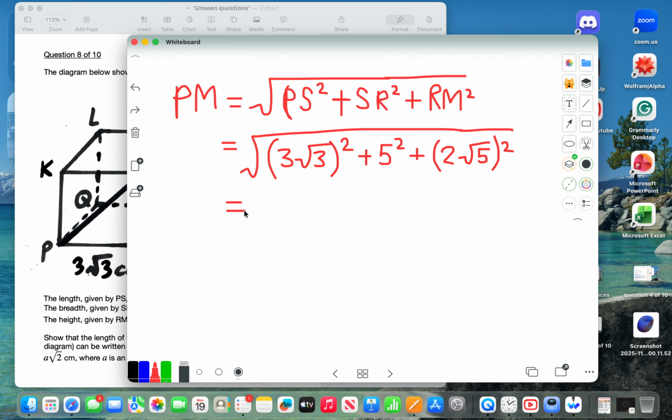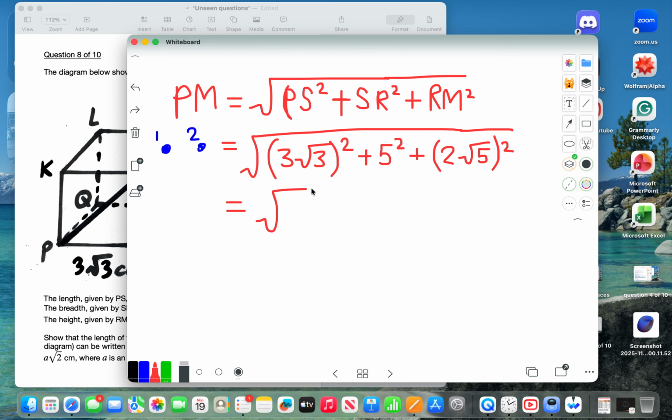It can get a bit complicated, but up to this point I would give you the first mark and the second. So by this point I would give you 1 mark for the strategy, and the strategy is knowing to use the formula for three-dimensional Pythagoras of a cuboid. The second mark would be for substituting them in and getting up to this point.